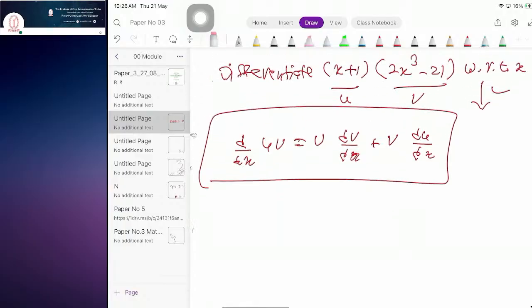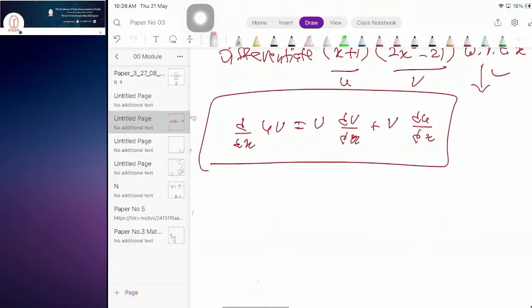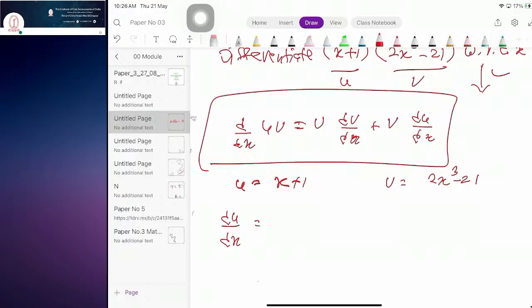Now the given values are u equal to x plus 1 and v equal to 2x cube minus 21. So let's find du/dx. The derivative of x is 1, and the derivative of the constant 1 is 0.